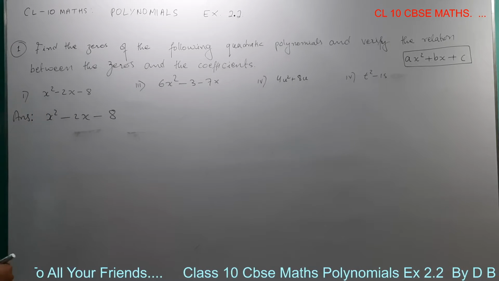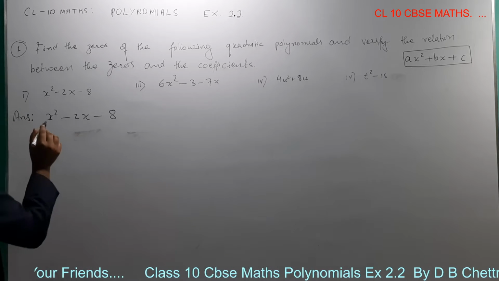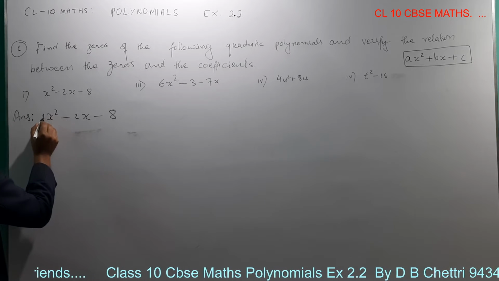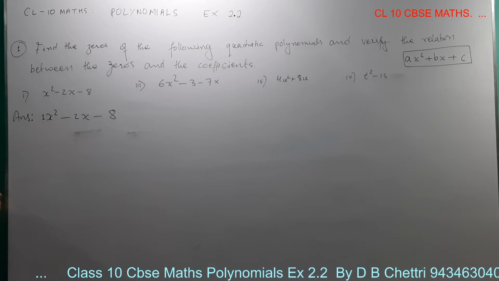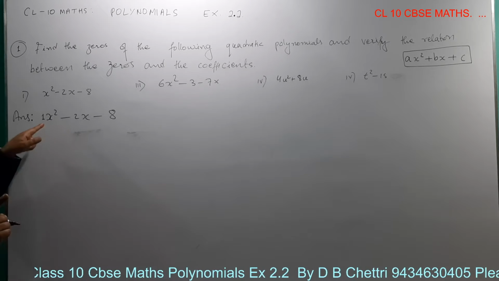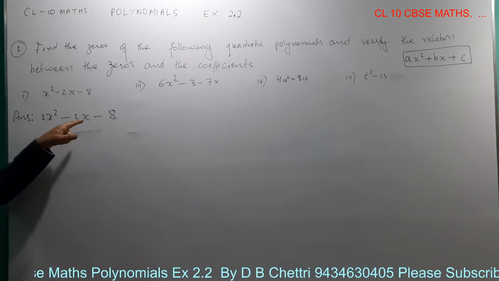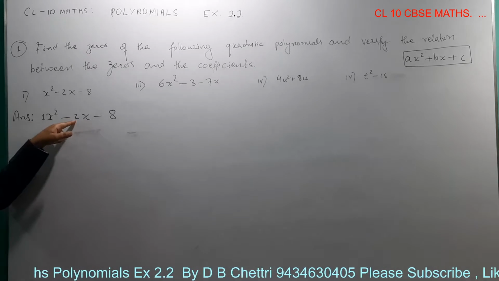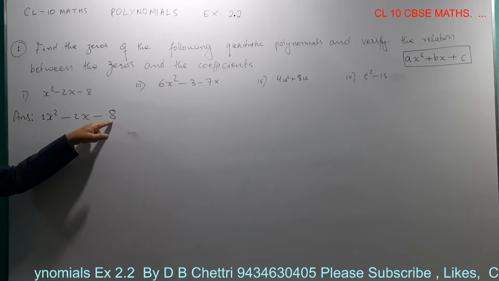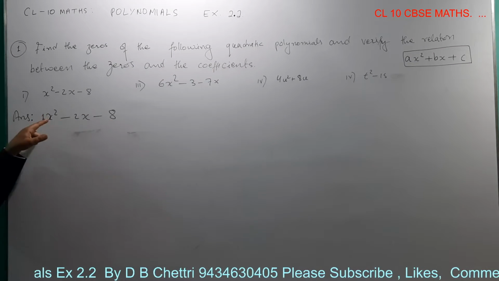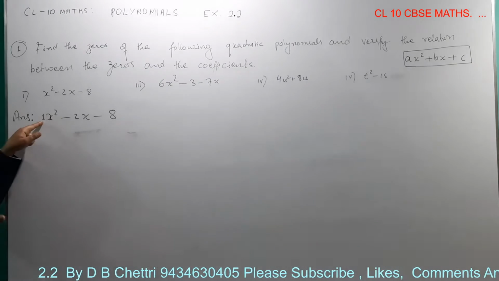First step: the number in front of x square is called the coefficient of x square. The number in front of x is called the coefficient of x, and the number without a variable is called the constant. Here the coefficient of x square is 1.